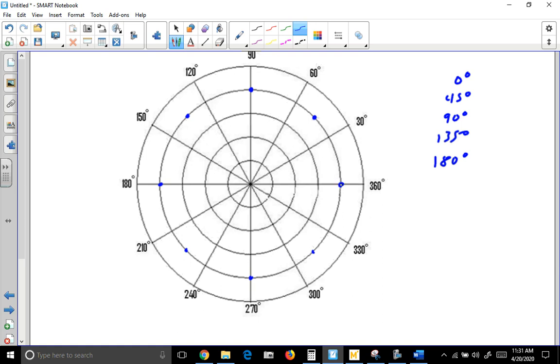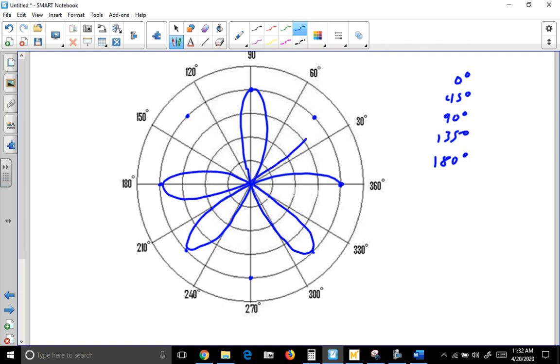So if we sketch this, then we end up with a rose with 8 petals.